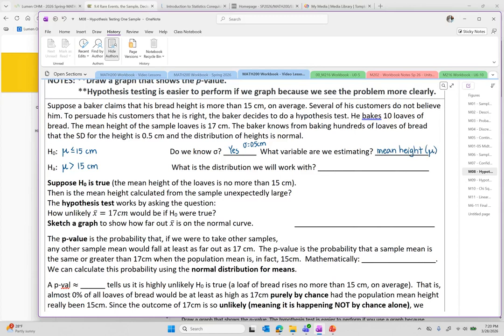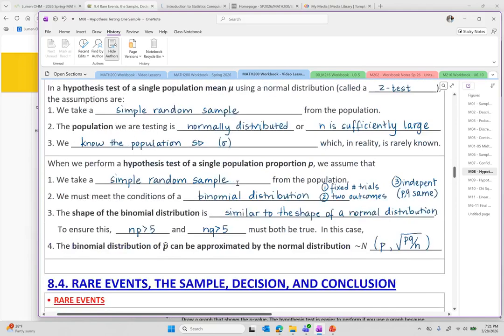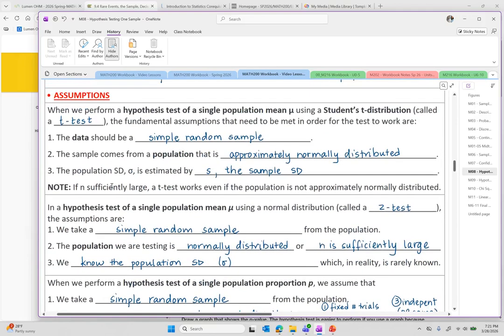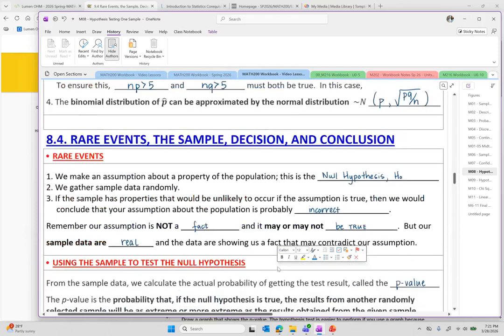We will work with a normal distribution for the sample mean, because we know the standard deviation of the population. If you remember from our previous section, if we have a hypothesis test of a single population mean and we know the population standard deviation, then we use the normal distribution.